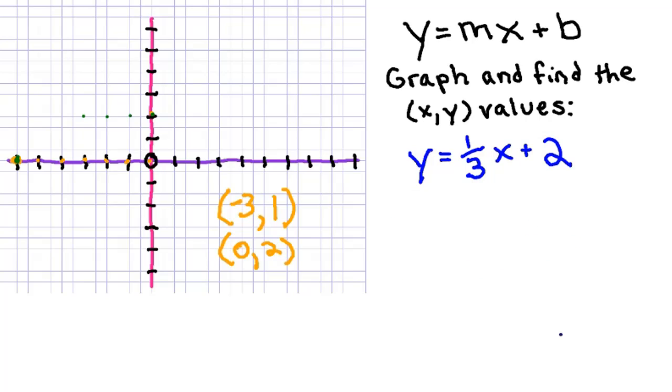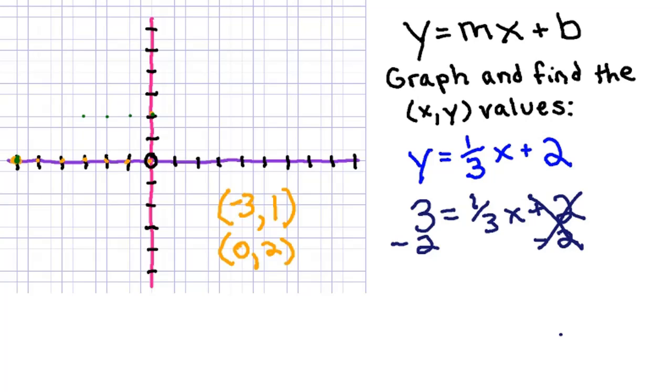Now let's do it again. Let's make y 3 this time. So 3 equals 1/3 x plus 2. So first we have to get rid of this 2 by subtracting 2 from both sides. So +2 minus 2 cancel each other out, and over here we have 3 minus 2 equals 1. So 1 equals 1/3 x.